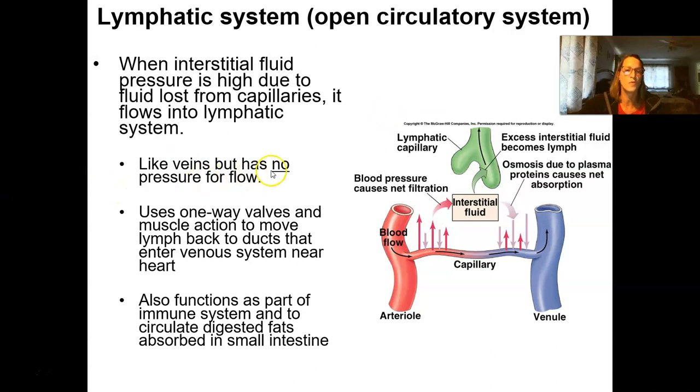There is no pressure for flow, but besides that, it's like veins. There's no heart pumping it. But essentially, when the interstitial fluid has high pressure, due to a lot of fluid lost from the capillaries, that interstitial fluid just flows into the lymphatic system.